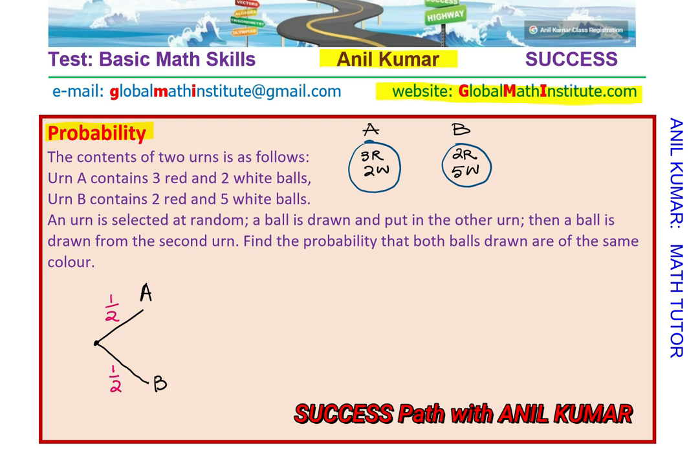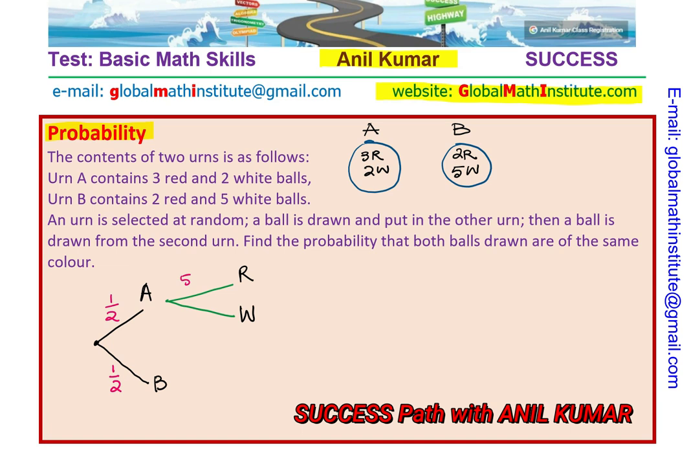Now once you select the urn, from A you take out a ball. You could either take a red or a white. So at this stage we have two scenarios. The probability for red is 3 out of 5 since there are 5 balls in it, and for white it is 2 out of 5.